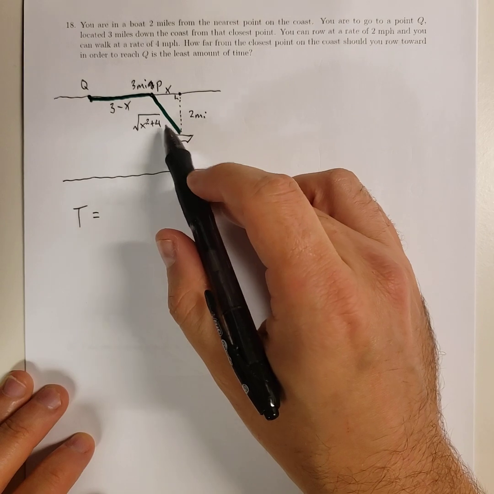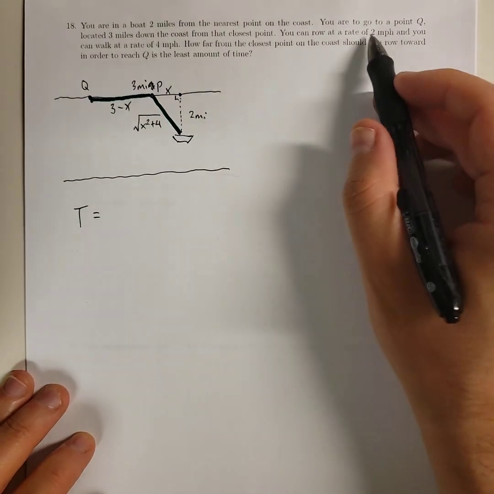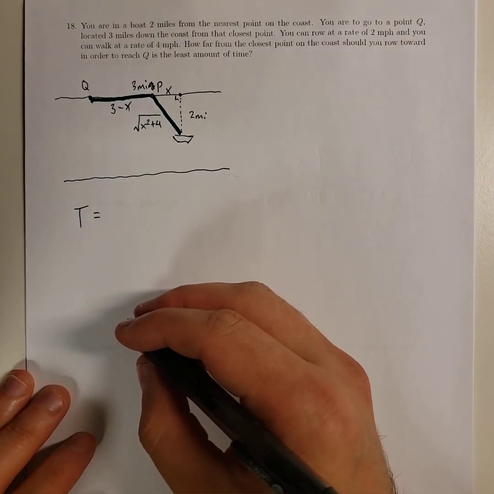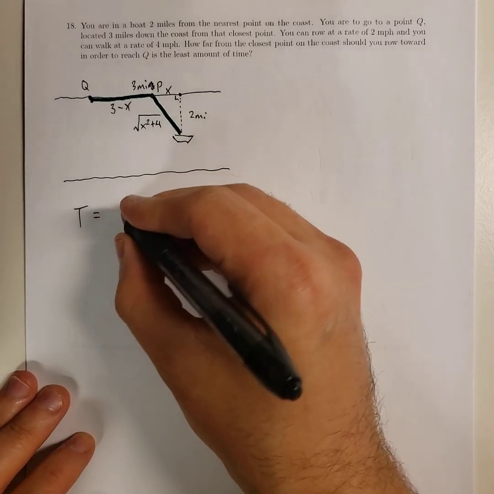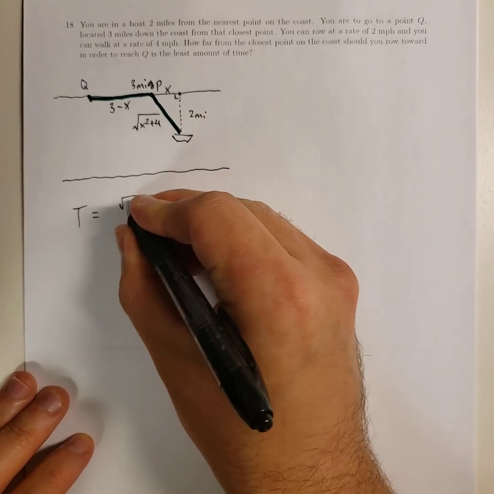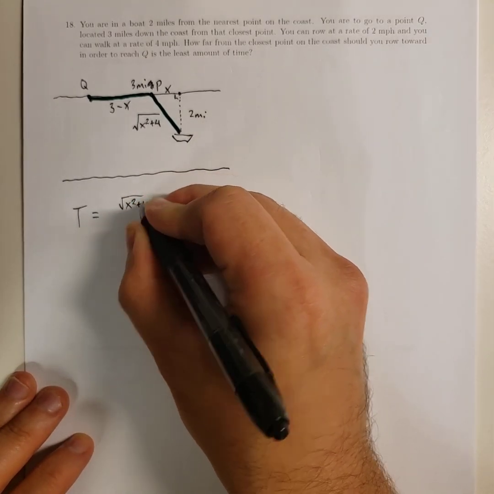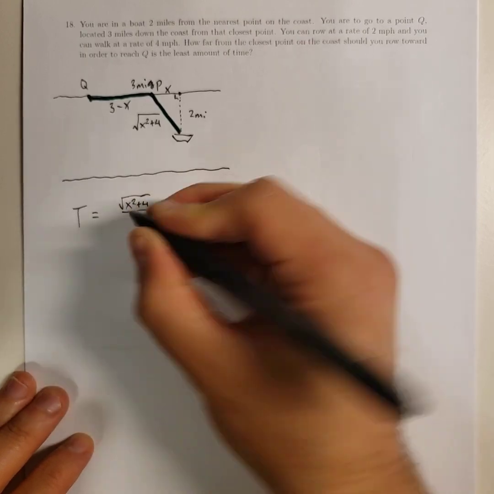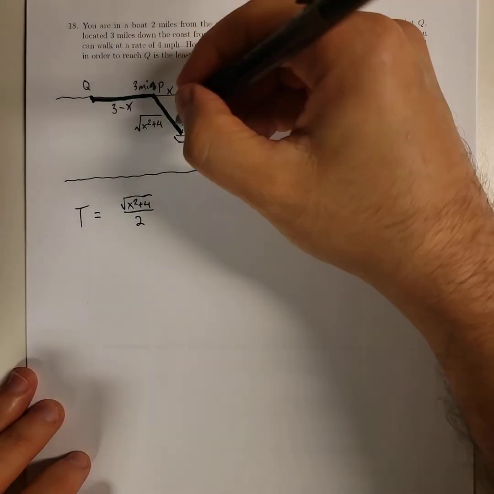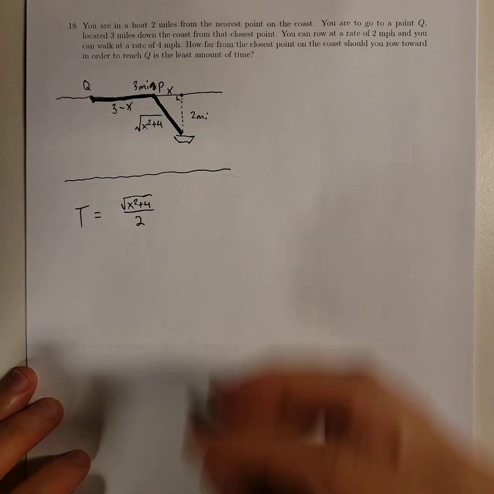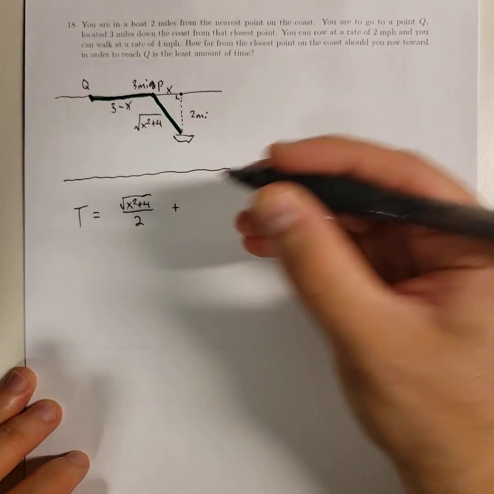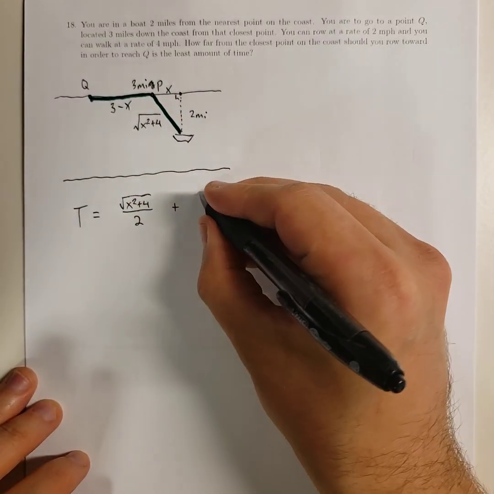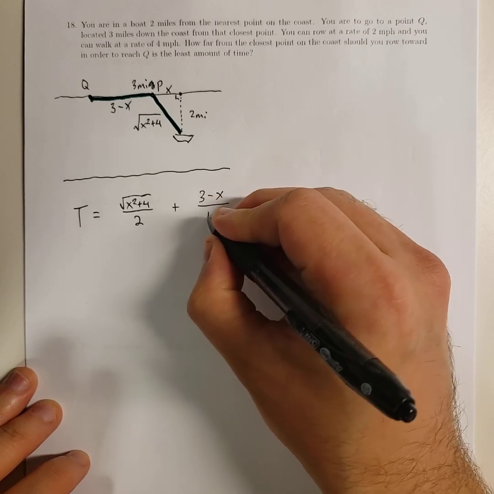So the x squared plus 4, the square root of that, we'd be dividing by 2. That would give us the time for rowing. And then similar for the walking part, we'll take the 3 minus x and divide it by 5.